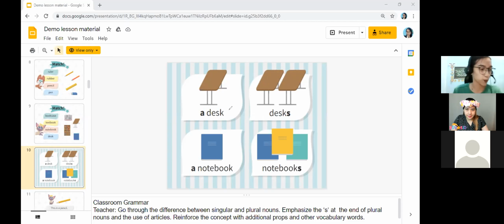Good job. Two. A desk. One more. One. Desks. Desks. Good. Ina. Three.